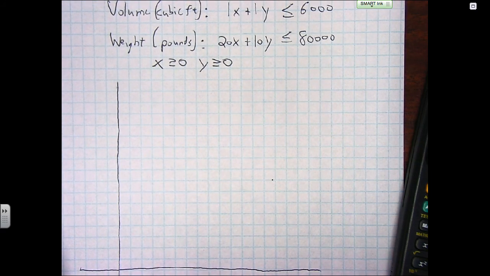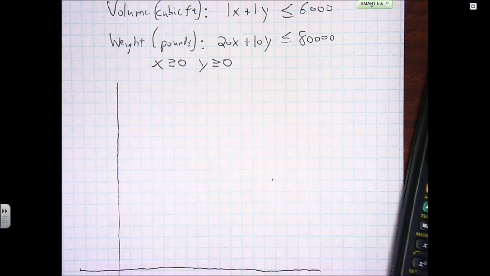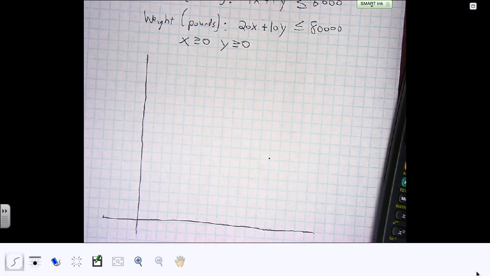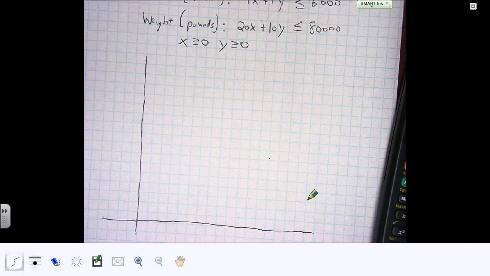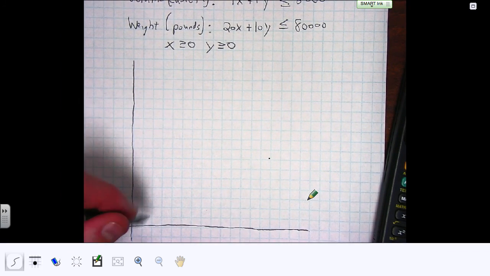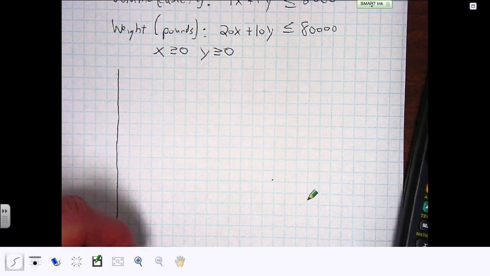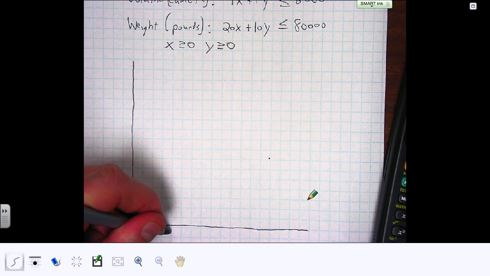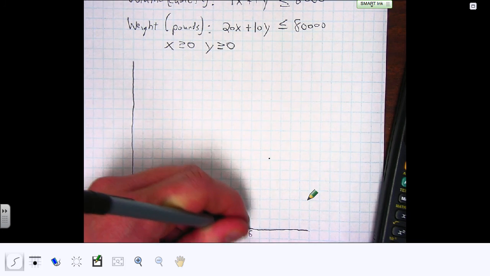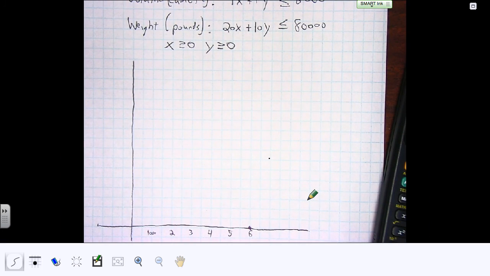And so you sort of have to decide a little bit on what your scale is going to be on your axes. Maybe we'll go with 500 for each one. So every 2 boxes is 1,000. So 1,000, 2,000, 3,000, 4,000, 5,000, 6,000. So that's the x-intercept for that first one.